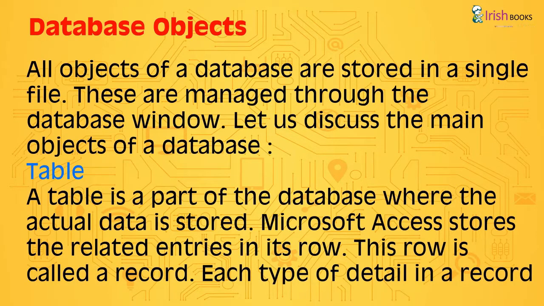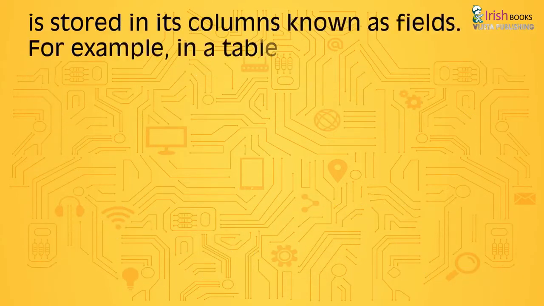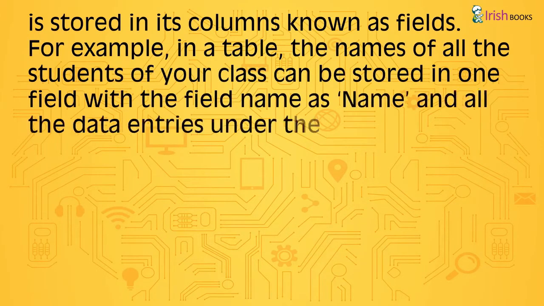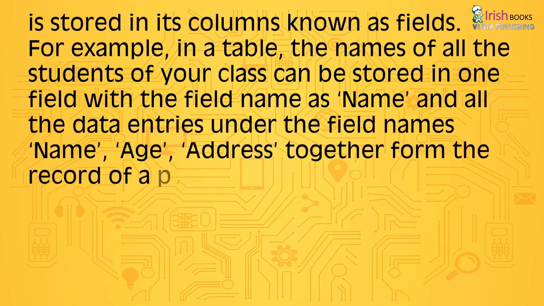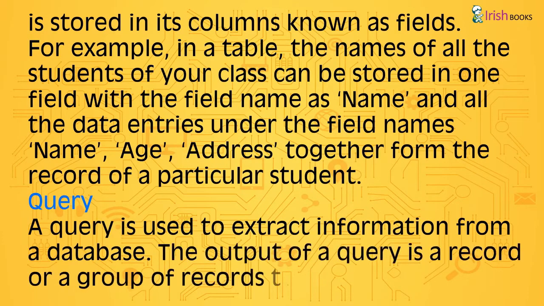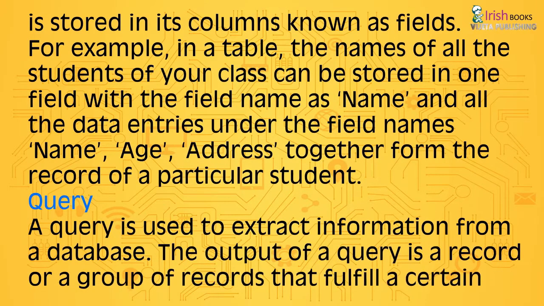Each type of detail in a record is stored in columns known as fields. For example, in a table, the names of all the students of your class can be stored in one field with the field name as name, and all the data entries under the field names name, age, address together form the record of a particular student.